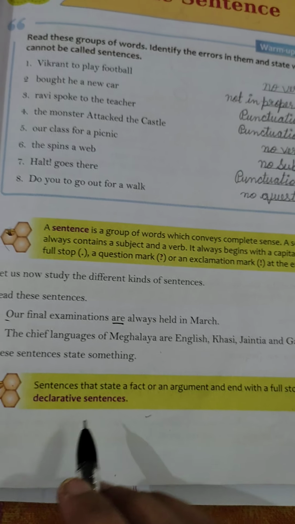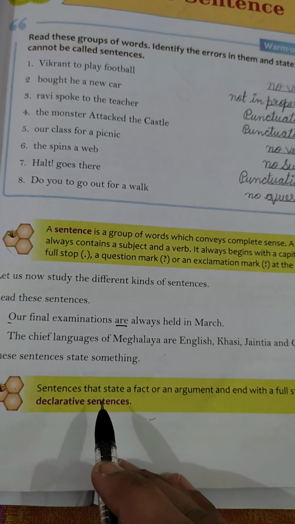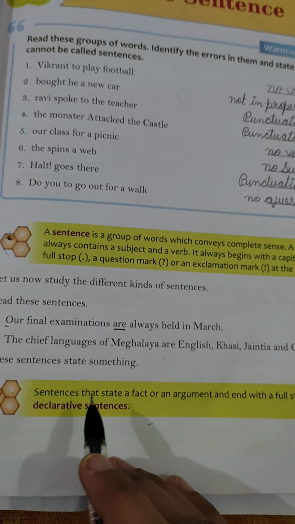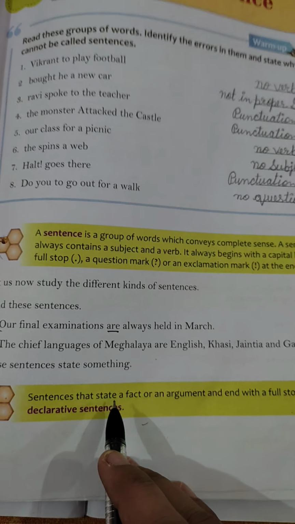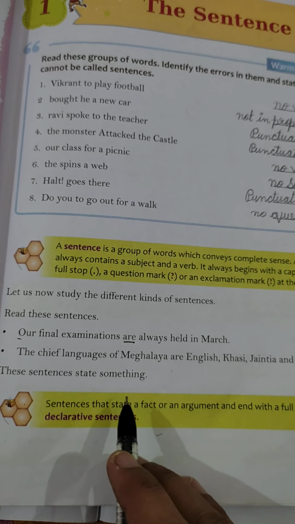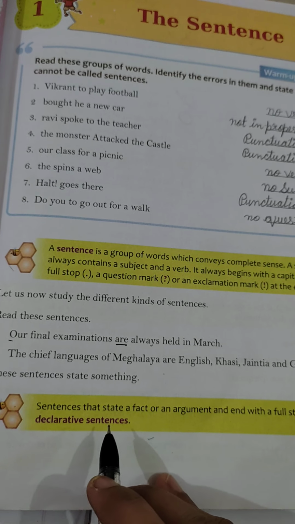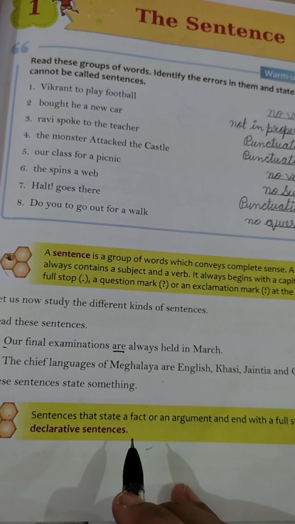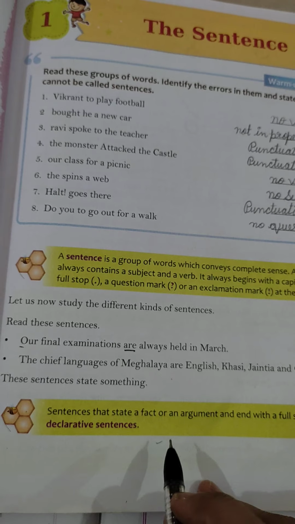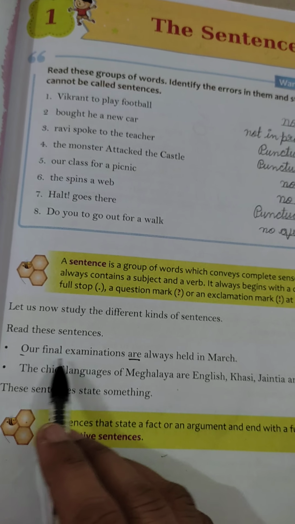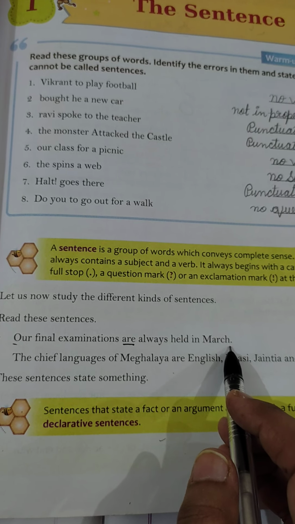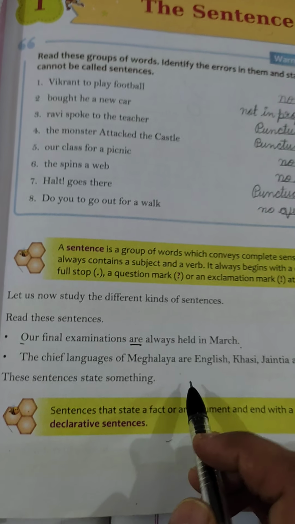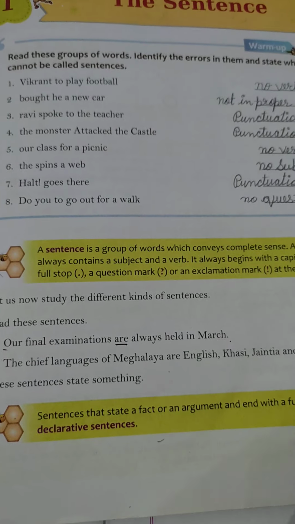Whenever we state anything, any fact or an argument, these are called declarative sentences, and a declarative sentence ends with a full stop. Example: our final examinations are always held in March. So this sentence is a declarative sentence. Next one, turn the page.